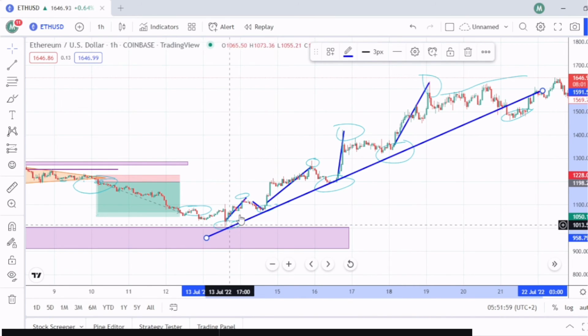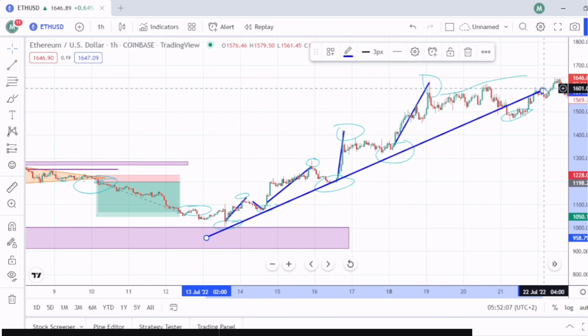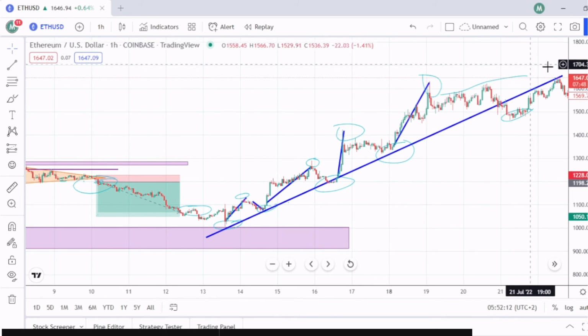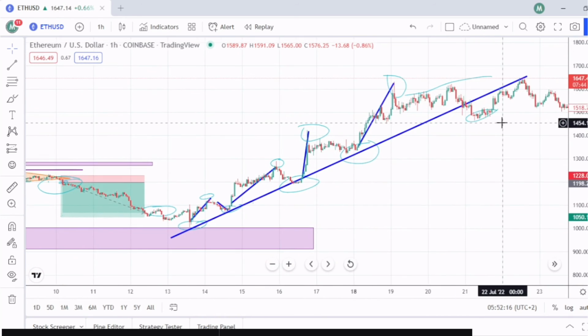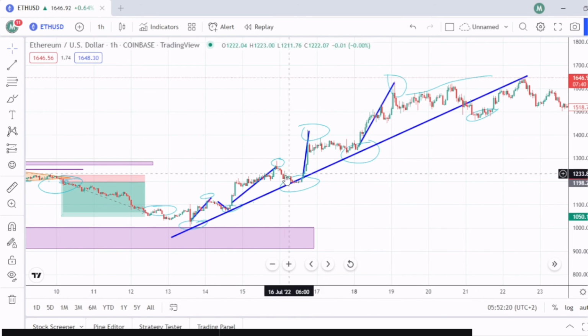And actually, if you look at this trend line, the chart was respecting the trend line to a certain level until up there. You can see what's going on there. And even when the market started reversing, you can see that the market was observing this trend line.